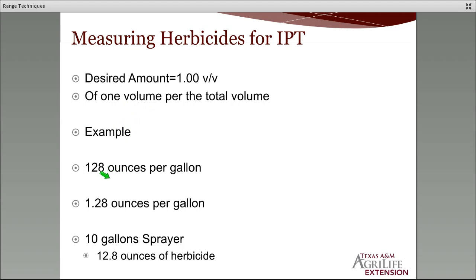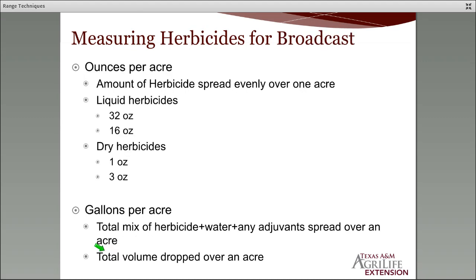We have 128 ounces per gallon. So 1% of that is very simple: 1.28 ounces of herbicide per gallon. A 10-gallon sprayer at a 1% rate would use 12.8 ounces of herbicide if your desired target is 1%.